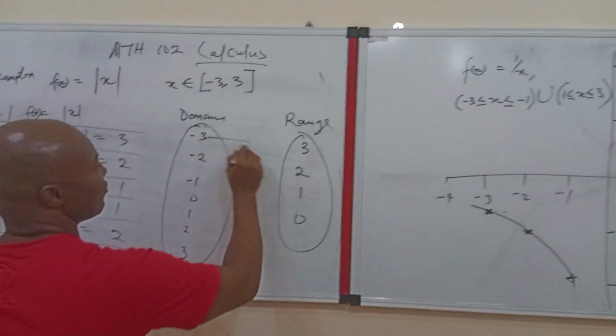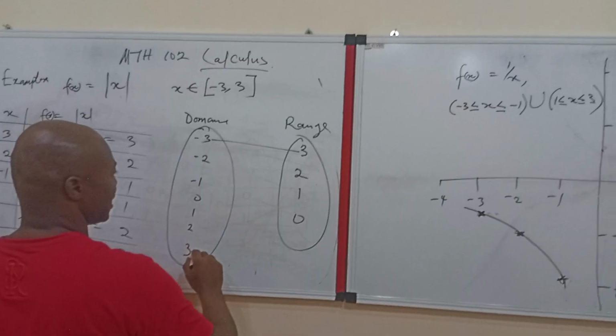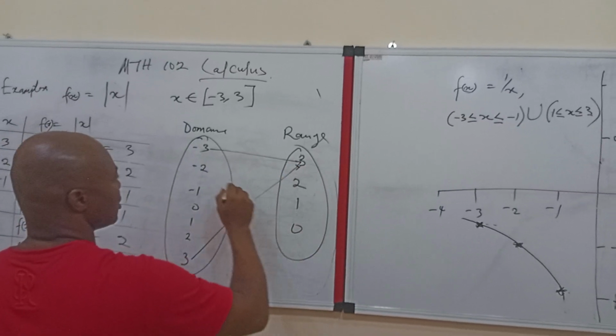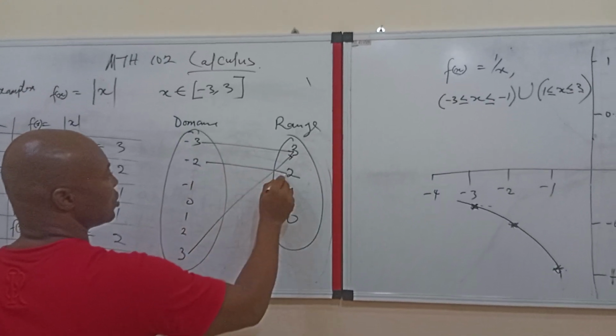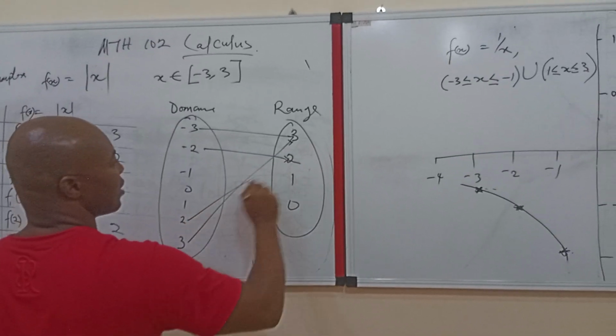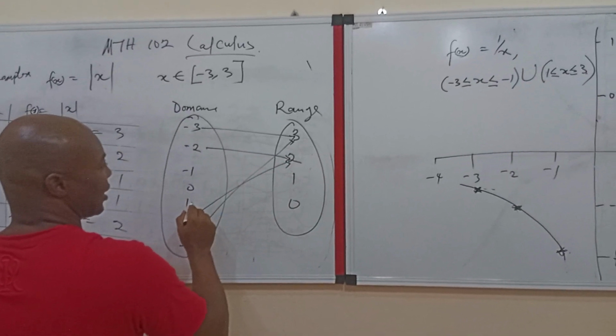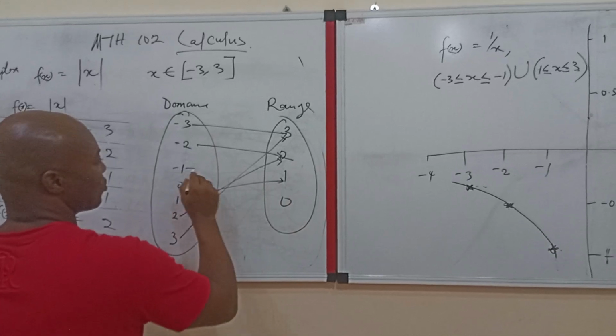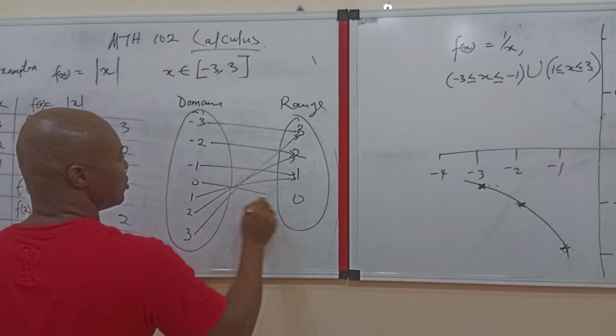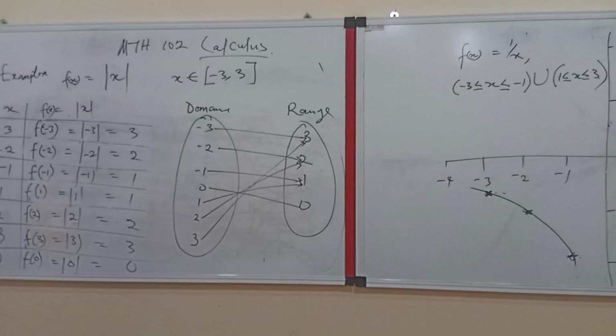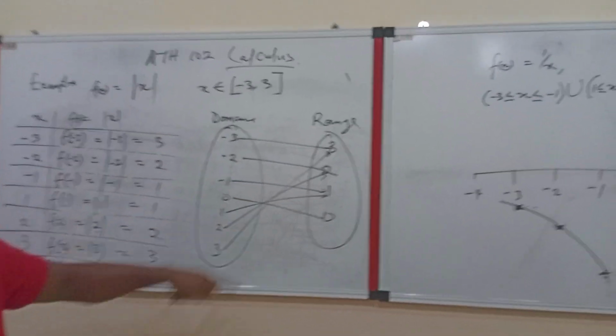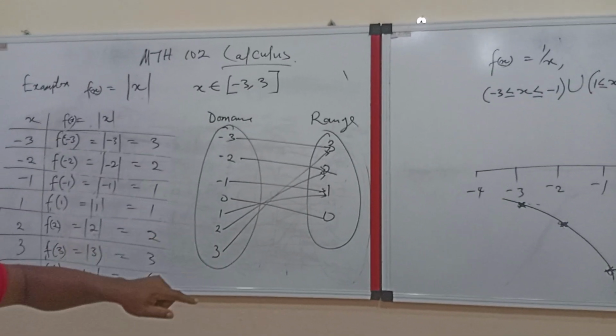So 3 give birth to this one. This 3 sef give birth to this one. 2 give birth to this one. And this 2 sef give birth to this one. 1 give birth to 1. And this one sef give birth to 1. 0 na im come. So you see say all these ones dem go out one time.